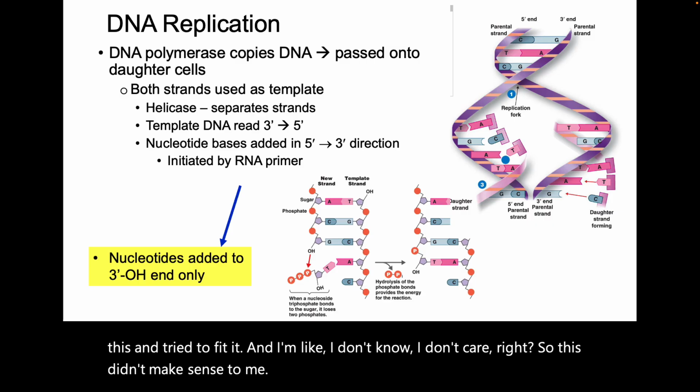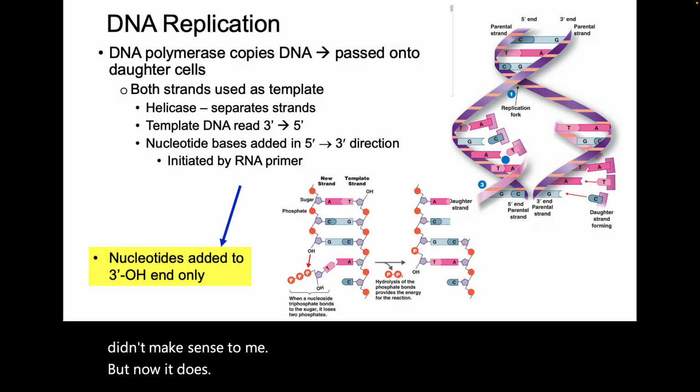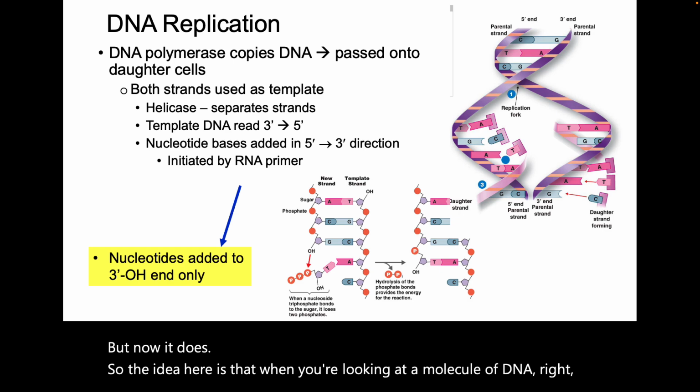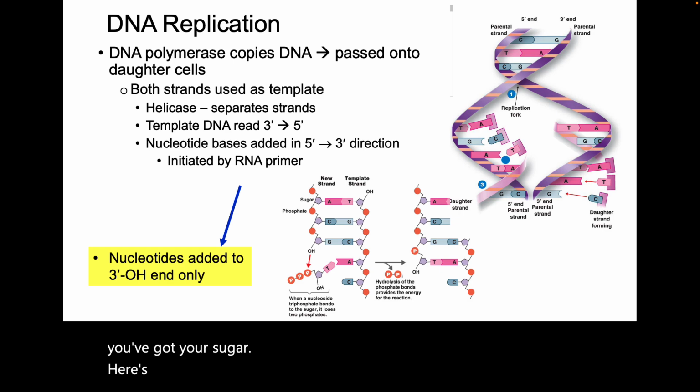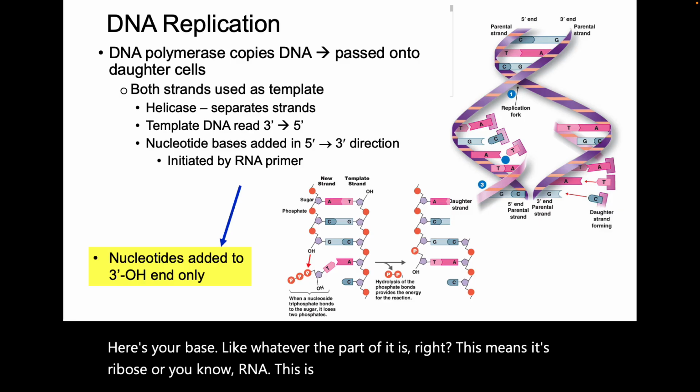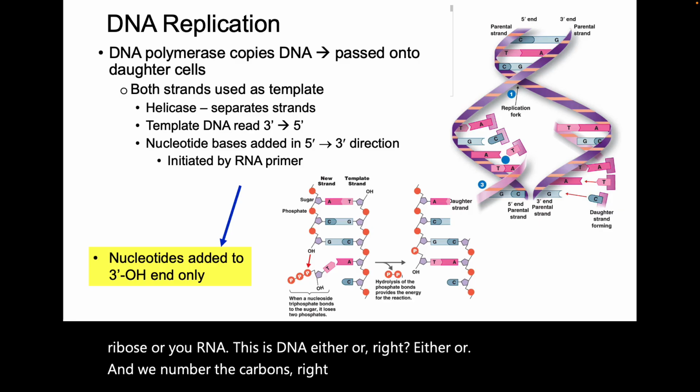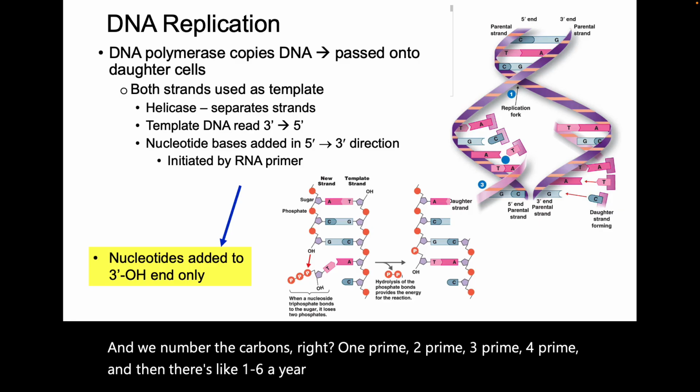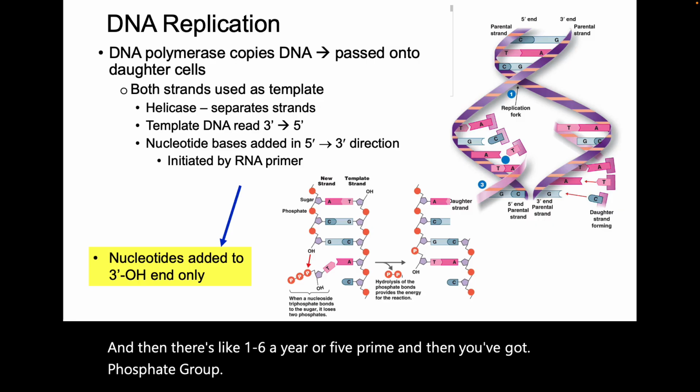But now it does. So the idea here is that when you're looking at a molecule of DNA, you've got your sugar, here's your base. This means it's ribose, or RNA, this is DNA, either or. And we number the carbons: 1', 2', 3', 4', and then there's one that sticks out here, 5', and then you've got the phosphate group. So this is base number 1 of my new chain.